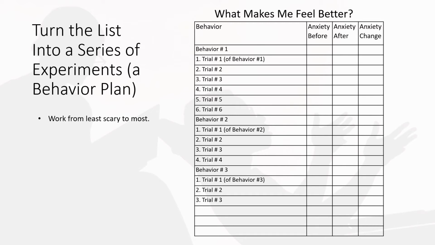Call a family member is the behavior. Ideally, we'd want to talk for a certain amount of time, but some of that is outside the control of the patient, depending on the family member. How many times are we going to try it? Over the next couple weeks, we're going to rank our anxiety after, see the change, etc.